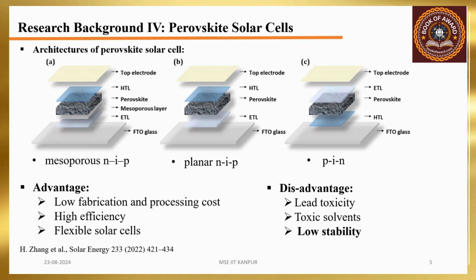And third, perovskite solar cells have low stability. They partially degrade in humidity and also by high temperature and UV light. So, perovskite solar cells have low stability.